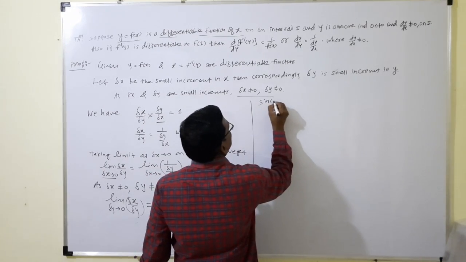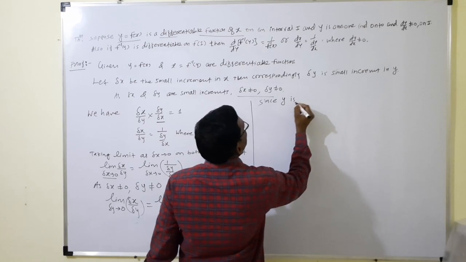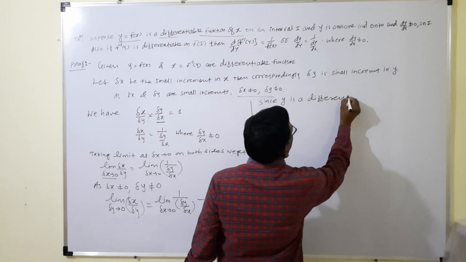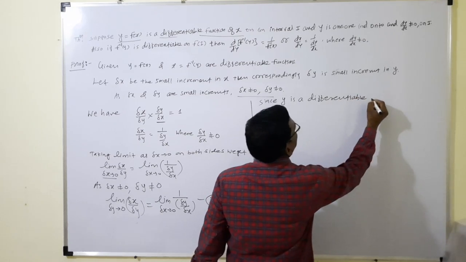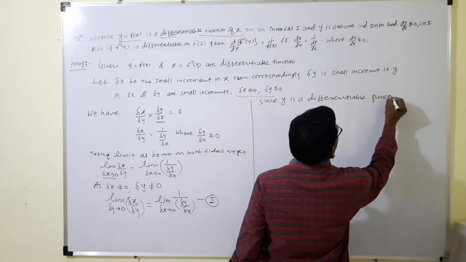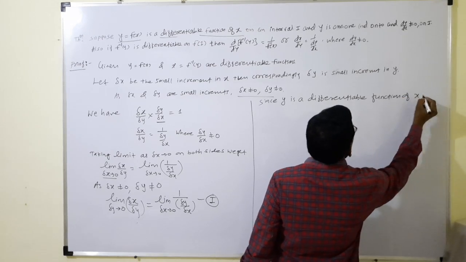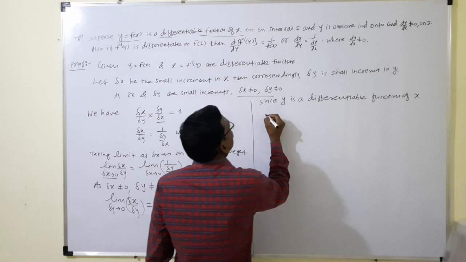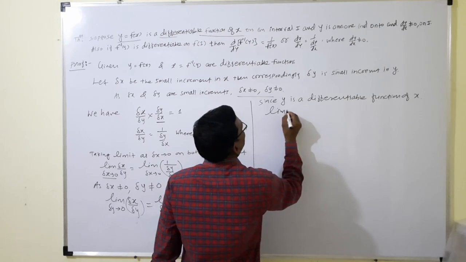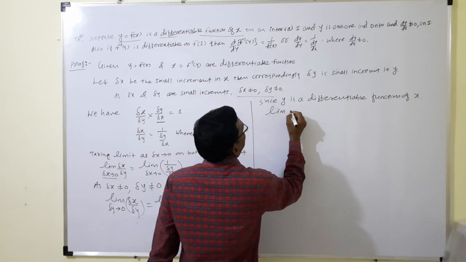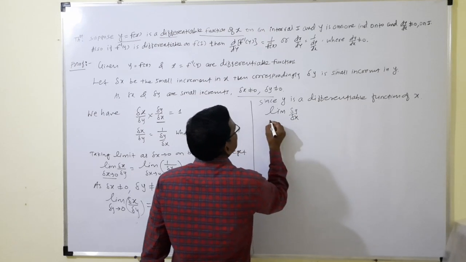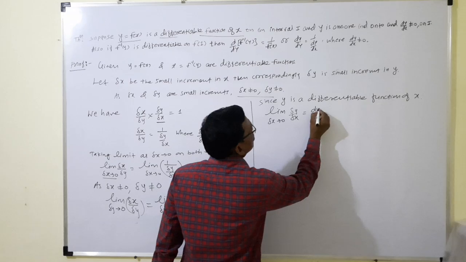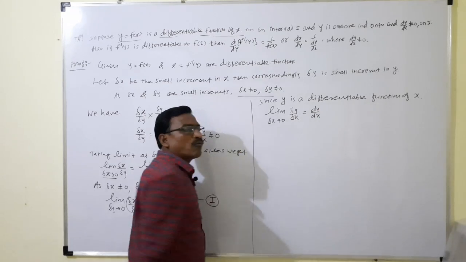Since y is a differentiable function of x, it means that by using Leibniz notation, limit of delta y upon delta x as delta x tends to 0 gives dy by dx, meaning derivative of y with respect to x.